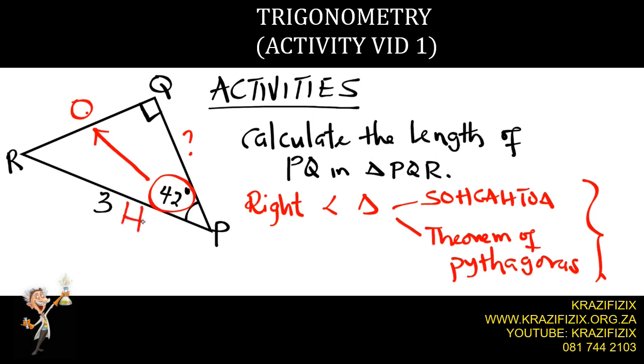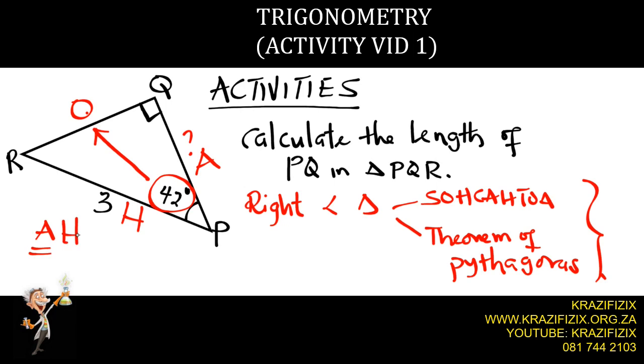And the third side adjacent to that angle is the adjacent side. We did this in video number 1. So what I have missing is the adjacent side. What I have given is the hypotenuse.